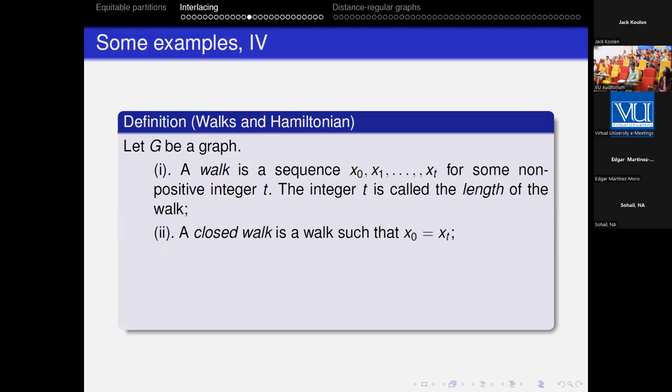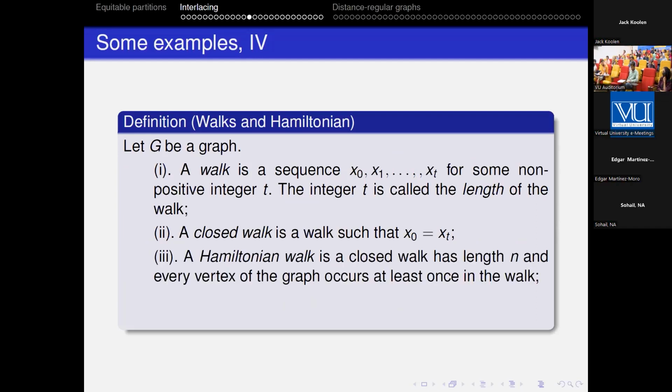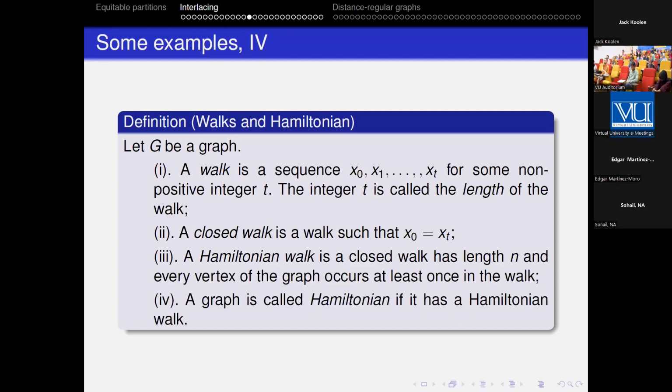A closed walk is where x0 is xt. A Hamiltonian walk is a closed walk which has exactly length n, and every vertex of the graph occurs at least once. That means that x0 is xt, but the other ones are all different. And the graph is called Hamiltonian if it has a Hamiltonian walk.